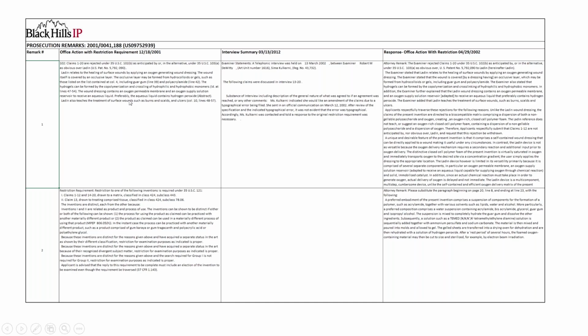And so we can see, with respect to, say, a reference, what kind of arguments the patent attorney, the applicant, made in response, and if any of these arguments are repeated.